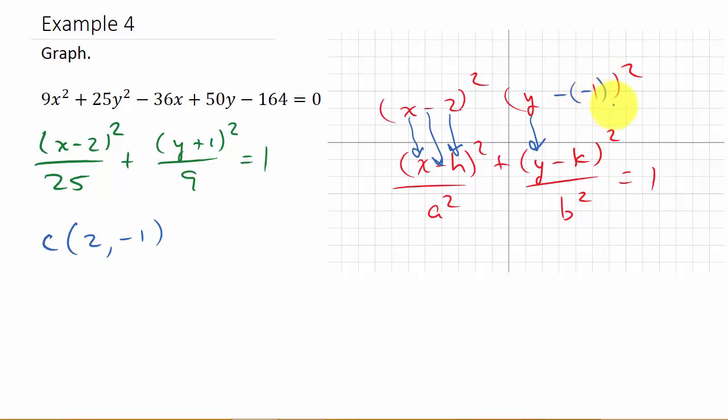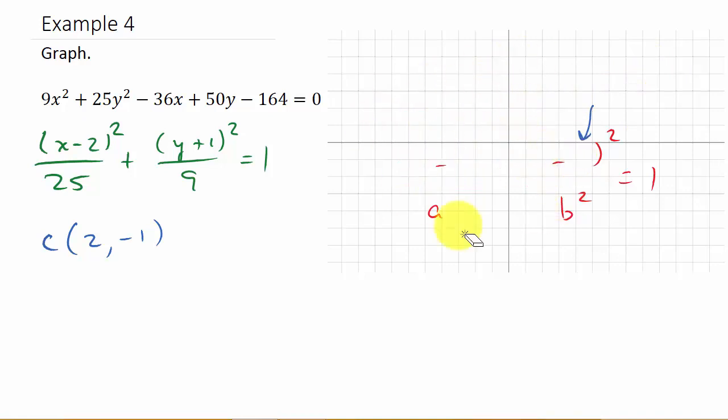Okay, and so now there's your minus sign, and there's k, which is negative 1. The easiest way to remember it is when you're looking for the center, it's the sign opposite of what you see. Since this is minus, it's going to be plus 2. Since this is plus, it's going to be minus 1.